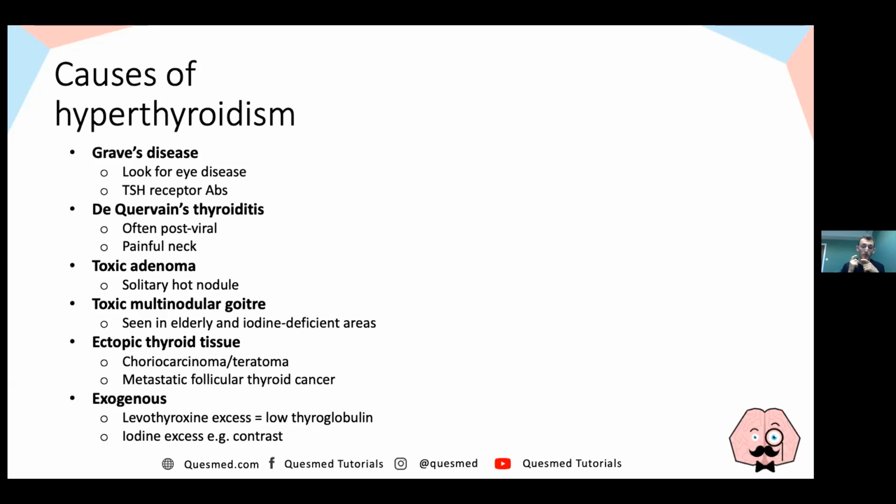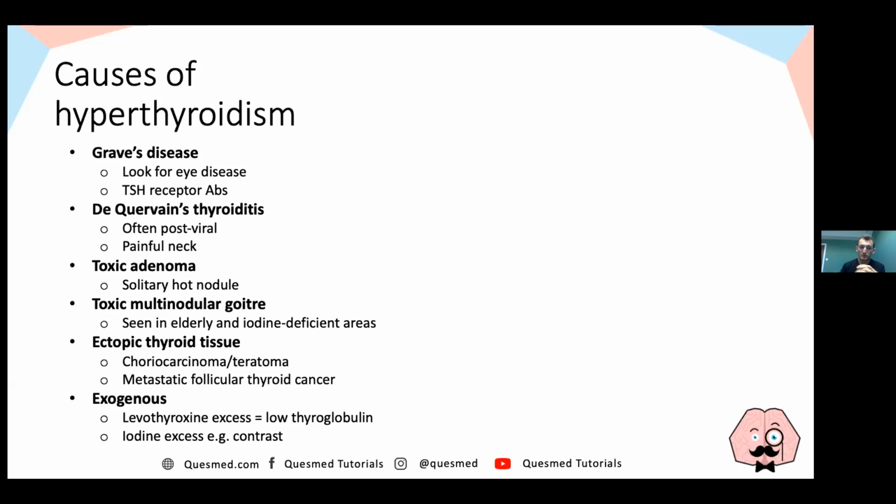So one or multiple nodules will be secreting lots of thyroid hormone. You can see those more often in elderly people or in iodine deficient areas. So more common in countries that aren't the UK, like developing countries.